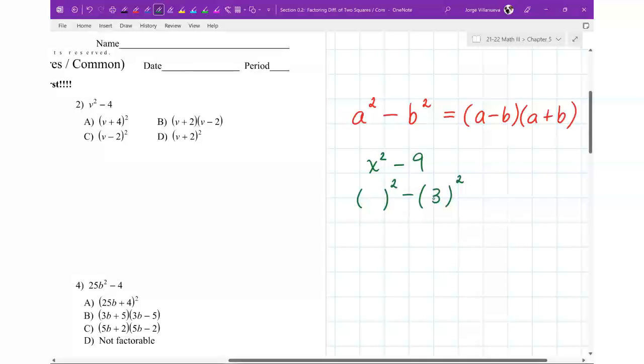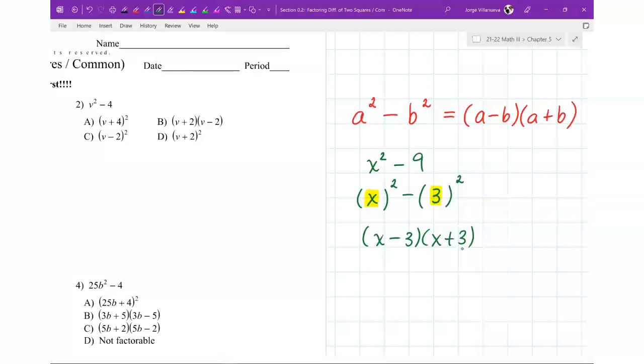Perfect. What squared gives me x squared? Just x. So here are the keys to your problem, the x and the 3. All you have to do is write x minus 3, x plus 3, and you're done. You factored it. You just got to figure out those little pieces that go inside of the parentheses. Once you know those, you're good. Just use the pattern and you factor.